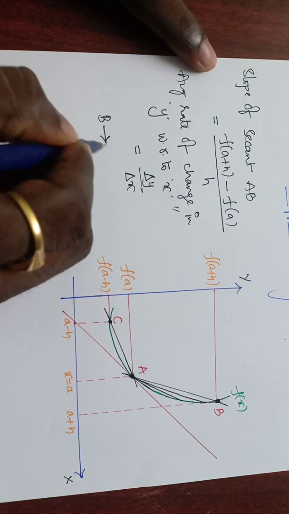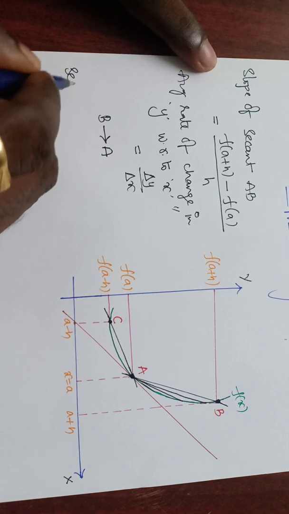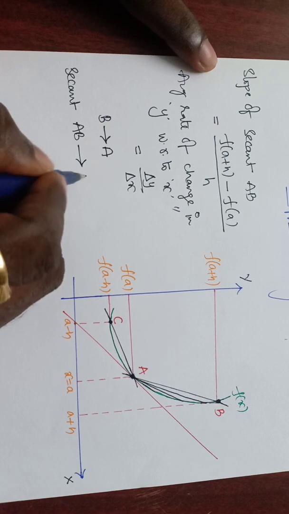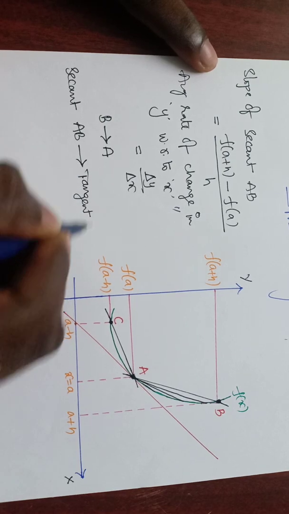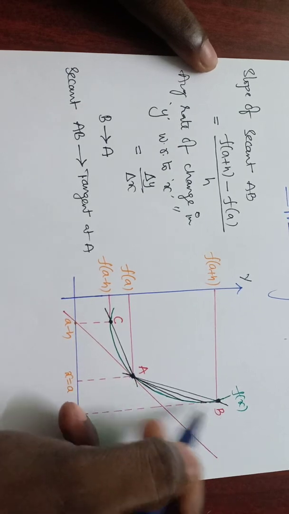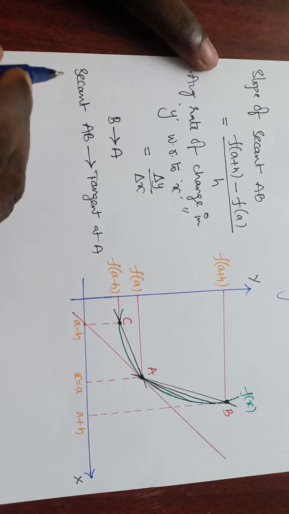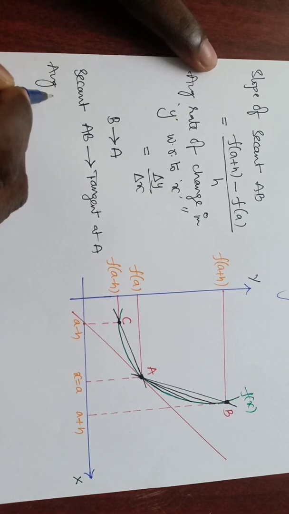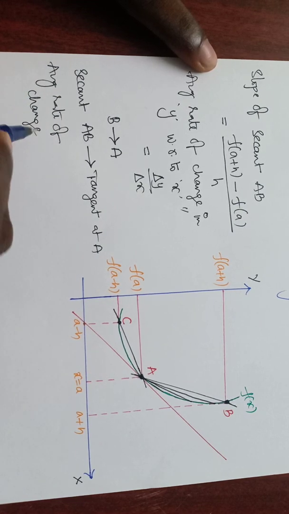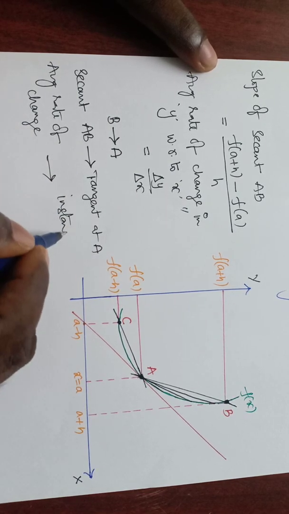If b approaches a, the secant AB approaches the tangent at a, which means that the average rate of change of AB approaches the instantaneous rate of change.